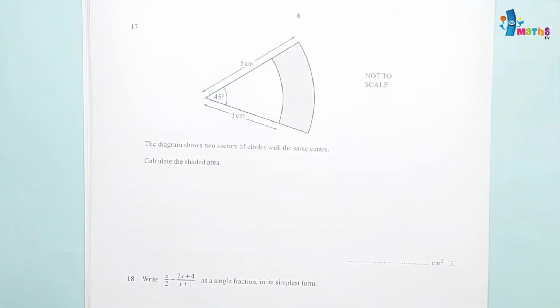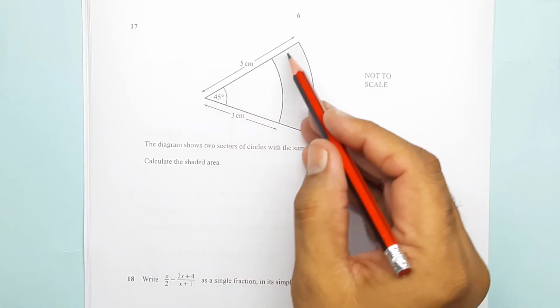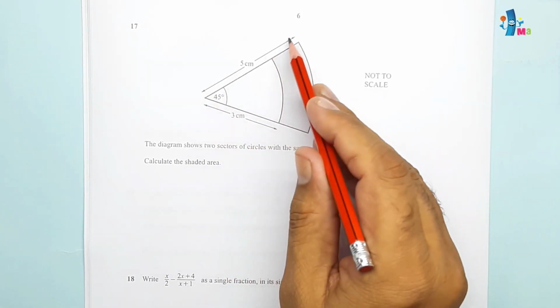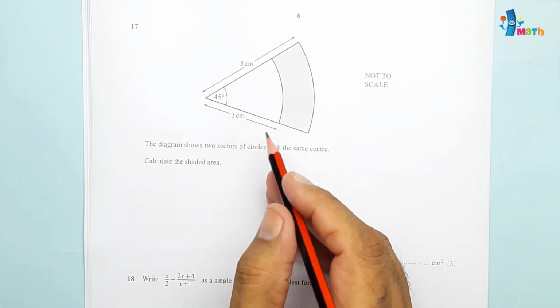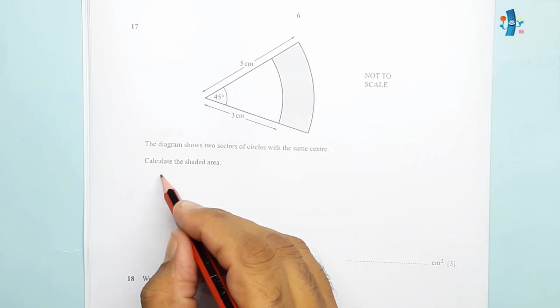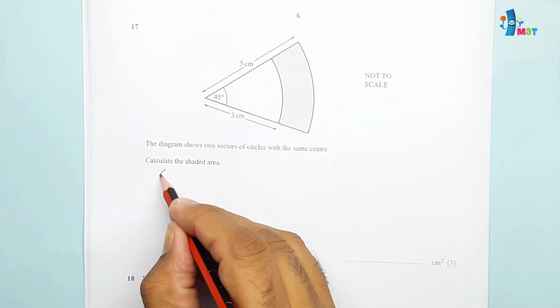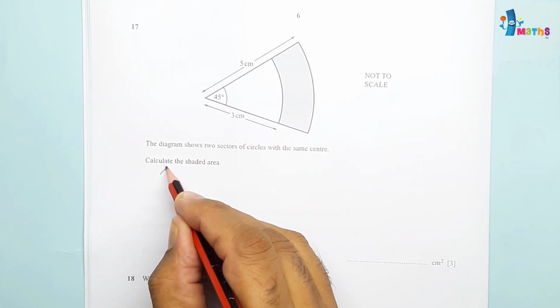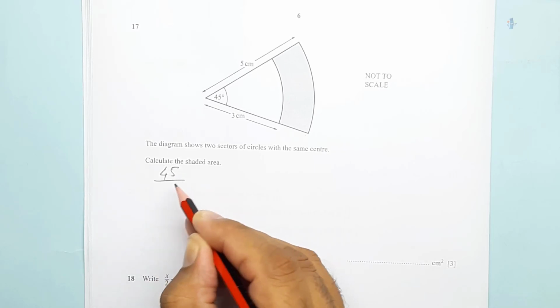And question number 17. This is a sector, and they are saying to calculate the shaded area. So we can apply the sector formula for the bigger radius and the sector formula for the smaller radius, and subtract the smaller from the bigger. So the bigger area will be what? Theta, which is 45 degrees, theta over 360.